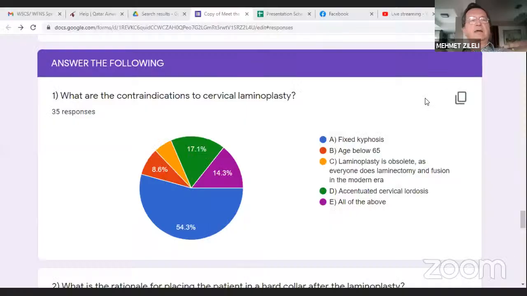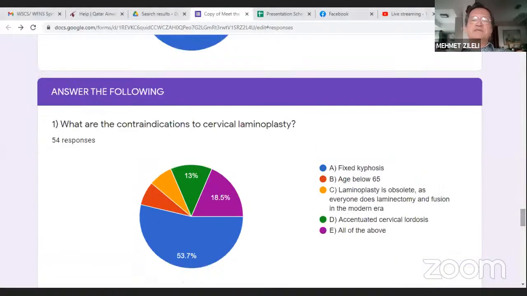I think this could be a better question if the question was, are you able to make foraminotomies in laminoplasty cases? Yes, you can. In laminectomy cases, we always make them.